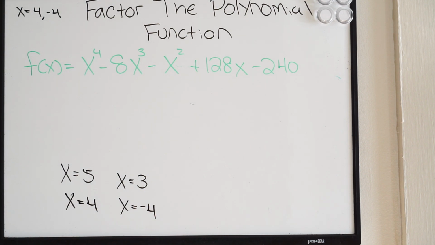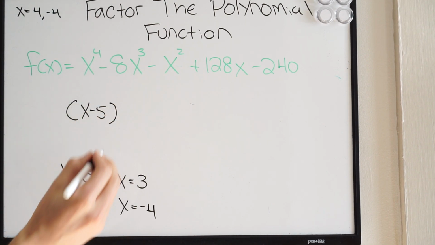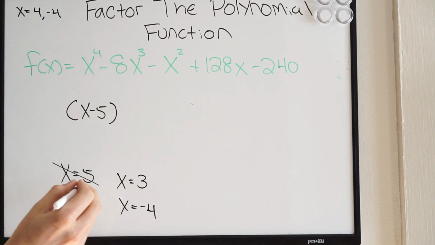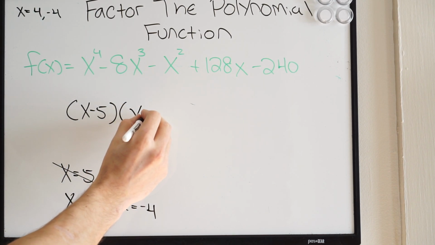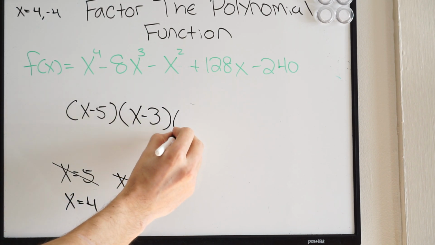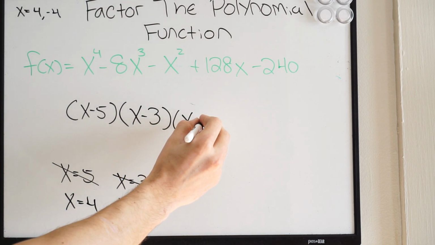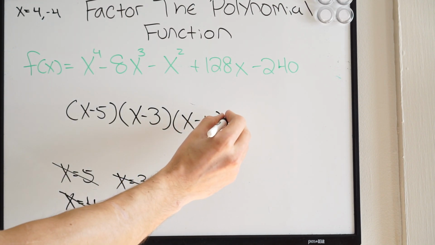So the last step is very simple. All we have to do is put these into factored form, simply moving our coefficient over. So in this case, we're going to have x minus 5, x minus 3, x minus 4, and then x plus 4.